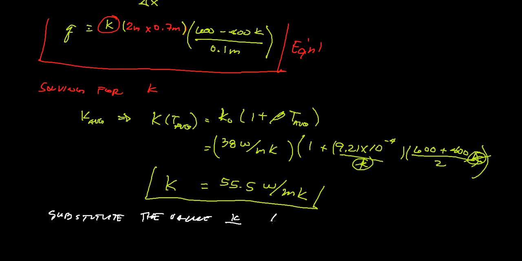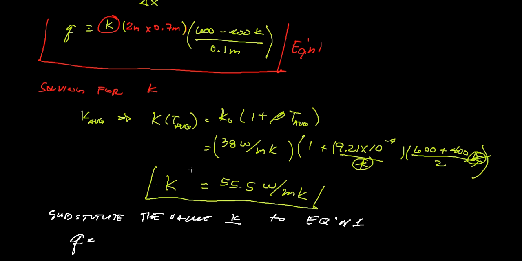Then substituting the value of our K to equation 1, we can now easily get the rate of heat conduction through the bronze plate.